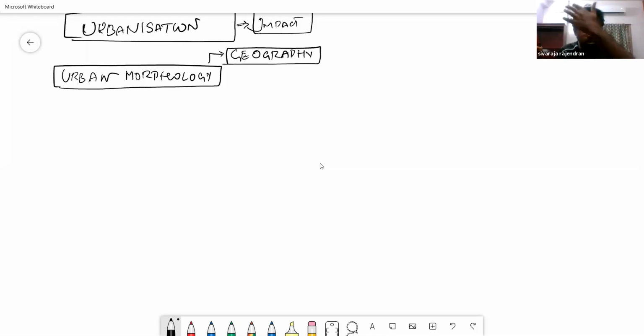So, urbanization topic we are discussing, the terminologies we have discussed, and next we are going to discuss impact. But urban morphology, if you know it, will be nice for you as well when you are analyzing urban problems. And when you're writing an answer, you can use this in a simple format, not in everything, I will tell you. So what is this urban morphology?